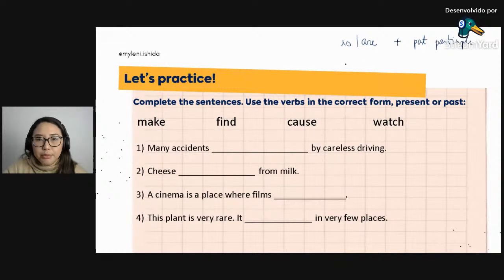This is the present. Past: was, were, plus the past participle. Okay? What would you put in number 1, number 2, and number 3? And you have to use the verbs that we have here at the top. Okay? I'm going to give you 3 minutes. And you can start giving your answers in the chat. Okay?